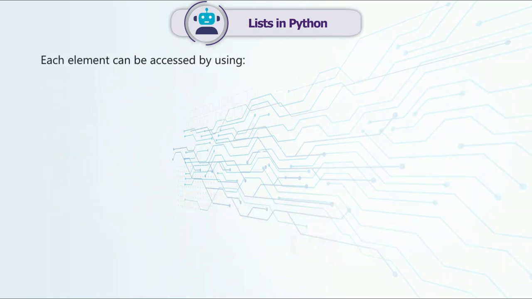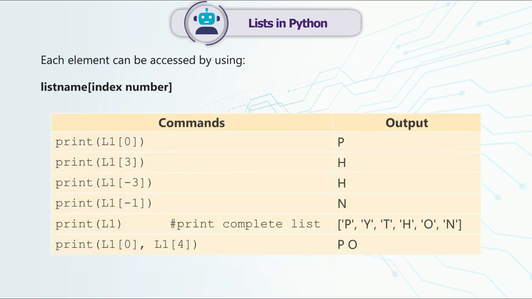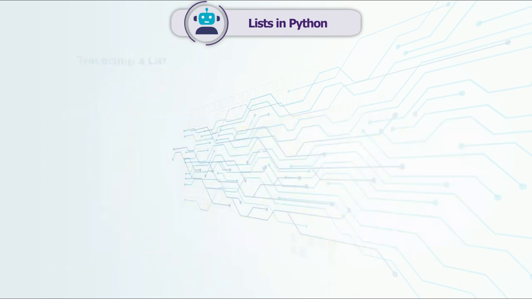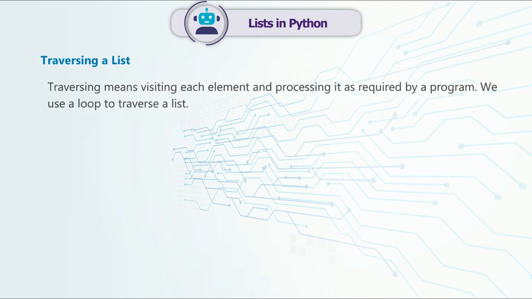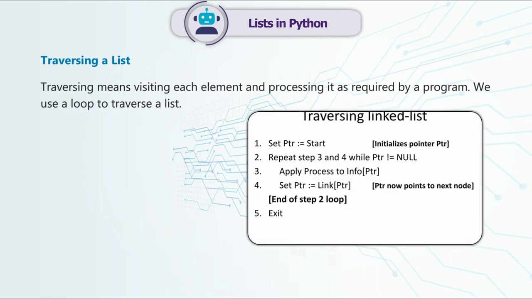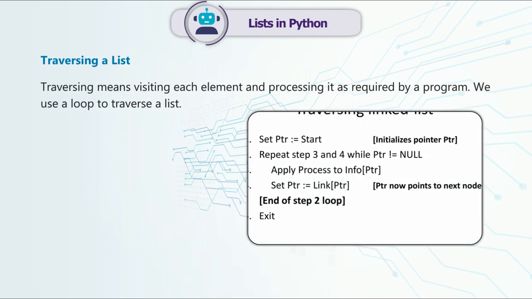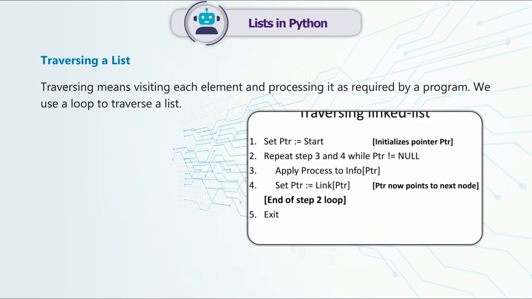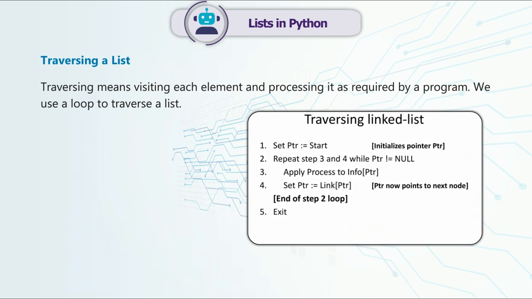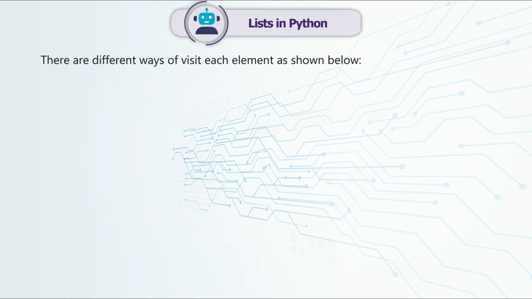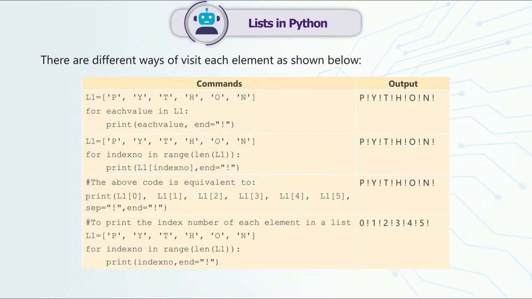Each element can be accessed by using the list name and index number. Commands. Output. Traversing a list. Traversing means visiting each element and processing it as required by a program. We use a loop to traverse a list. There are different ways to visit each element as shown below.